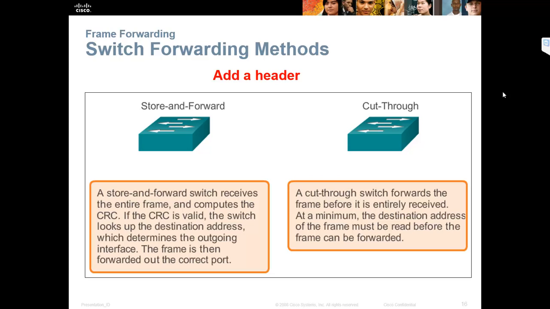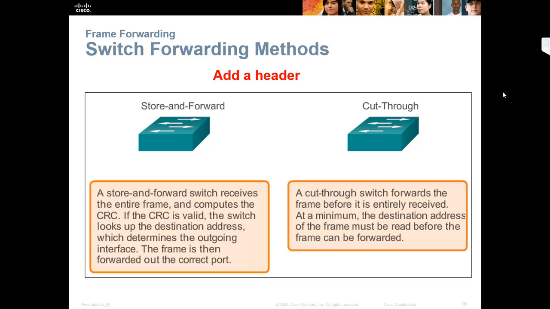Now, cut through is a little different. Cut through sends the data on as soon as it gets the destination MAC address, which means it sends the data on through before it even has the whole frame. Now, the plus to cut through is speed. Cut through is faster than store and forward.